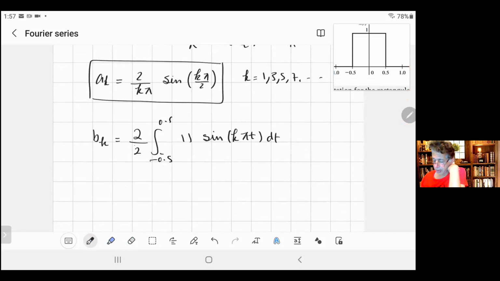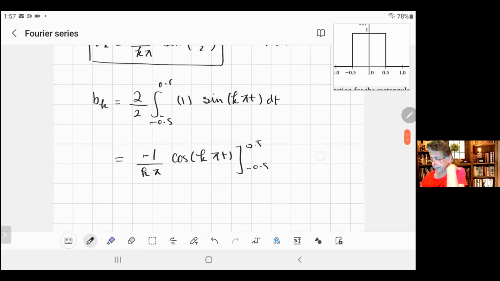The same thing. It means I make the integration of sine. The integration of sine gives me minus cosine. So I will have minus cosine k pi t over k pi, you can take it outside with this constant, so minus 1 over k pi, and the limits from minus 0.5 to 0.5.